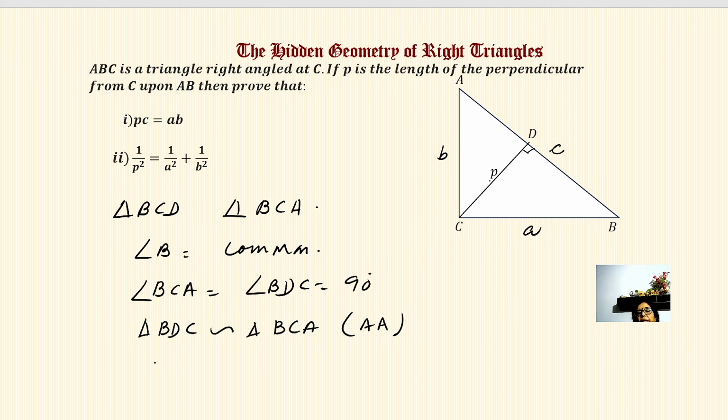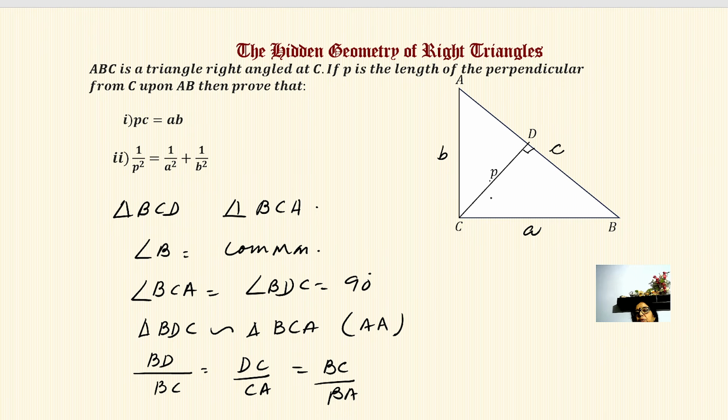So now we can write down the proportionality relation. BD by BC is equal to DC by CA is equal to BC by BA. BD is this part of the hypotenuse, and we can ignore this.